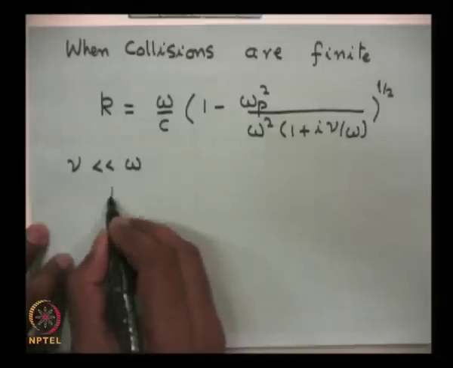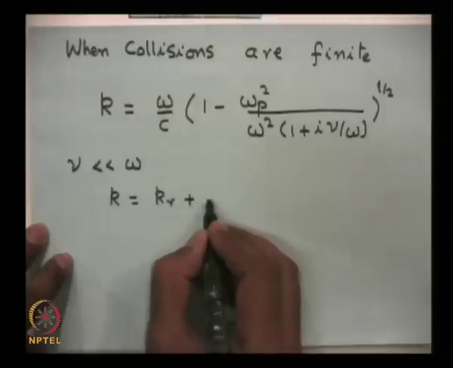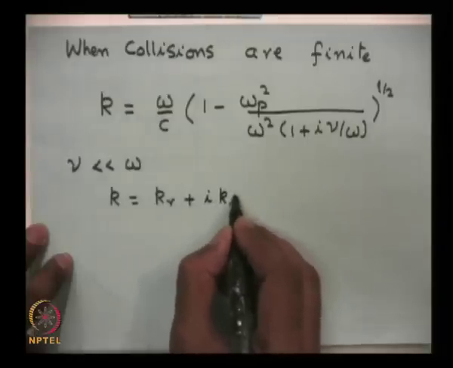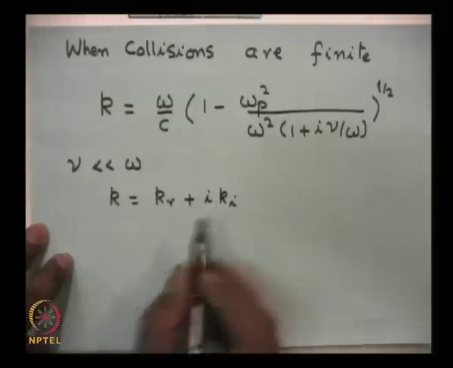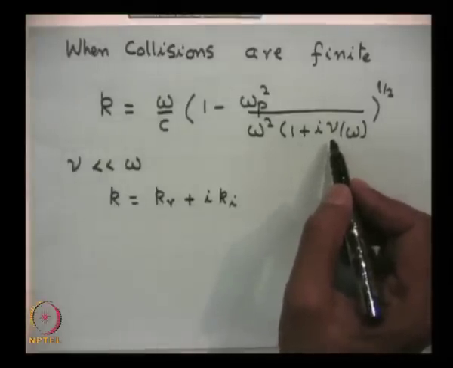I can write down k is equal to k real plus i times k imaginary. The imaginary part comes because of this nu term.